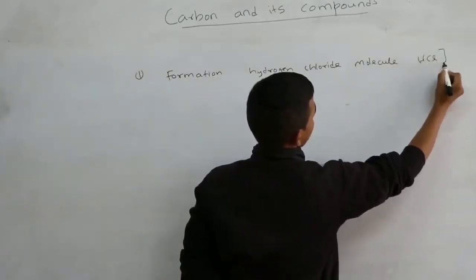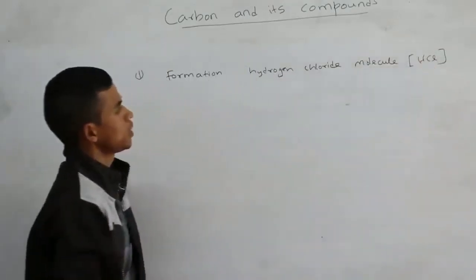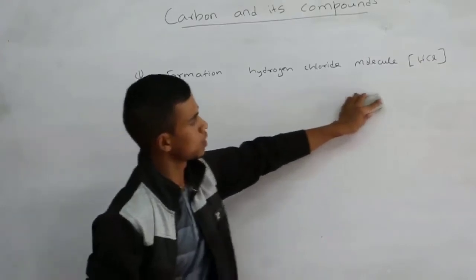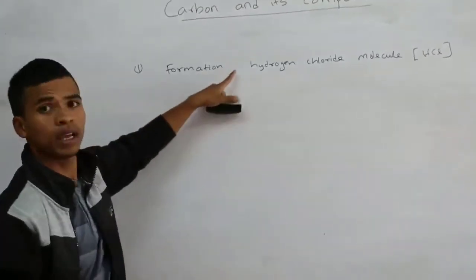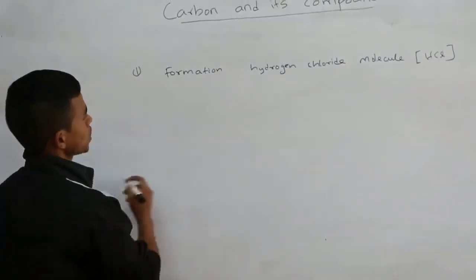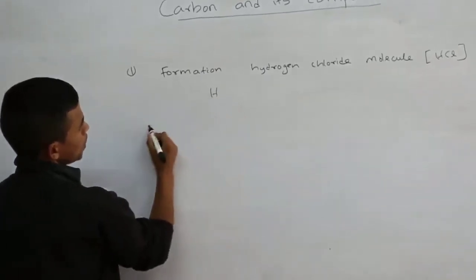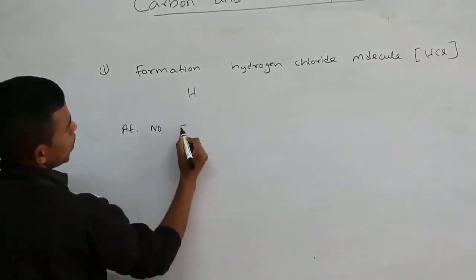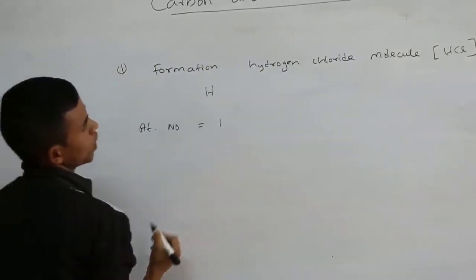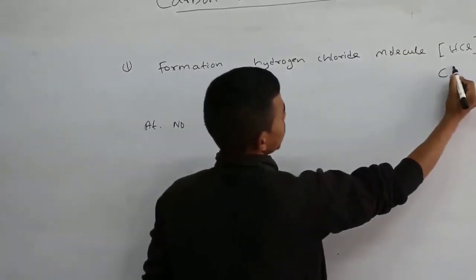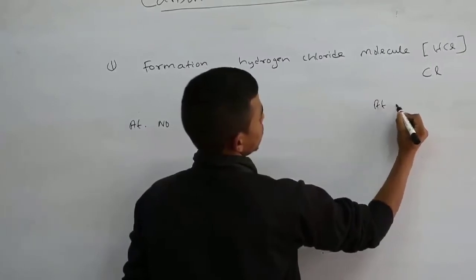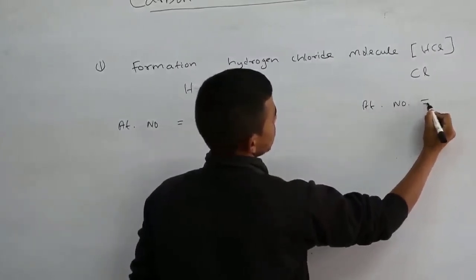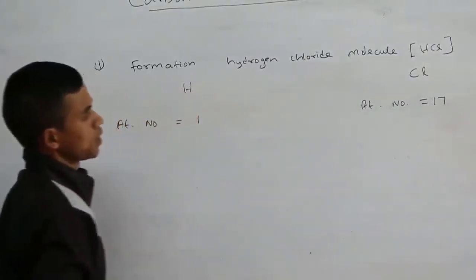Which is HCl. In this case, we will do the same thing as we did last class. First of all, we will write the atomic number of hydrogen. The atomic number of hydrogen is 1, and for chlorine the atomic number is 17.